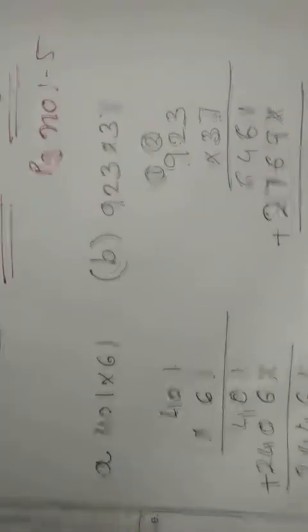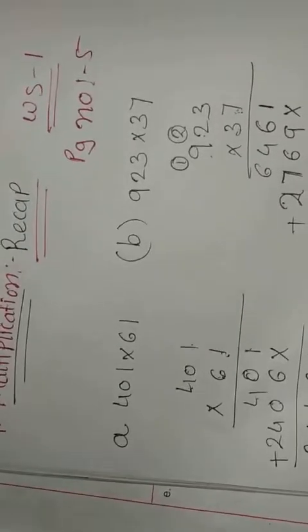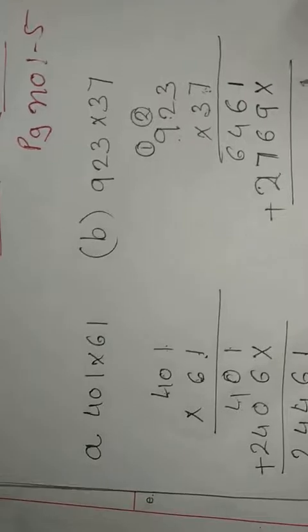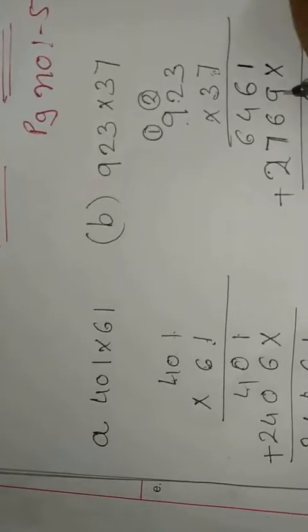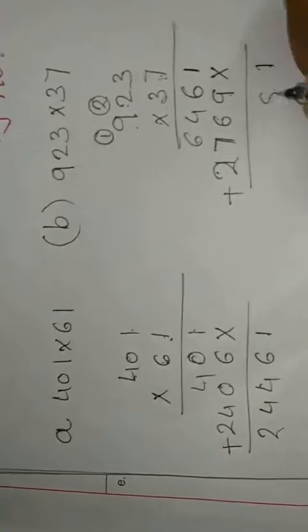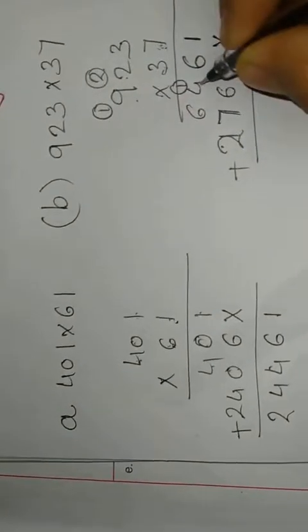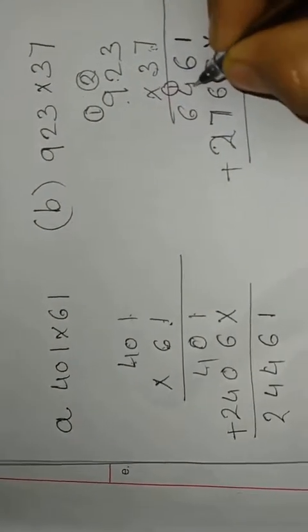Put a plus sign over here. 1 as it is. 6 plus 9, 15. Write here 5. 1 is a carryover. 9 plus 1 plus 4, 14.